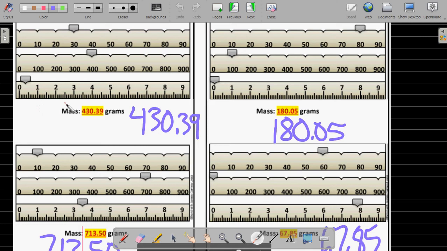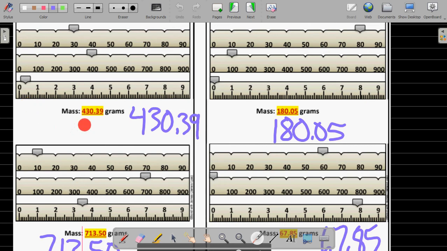Now, when you're measuring, you can go one decimal place farther than the smallest increment on the device. So we know it's 400, and we know it's 30, and so that's 430. And then we've definitely got at least 0.3 here. So we can go one more and say, all right, it's almost at the 0.4.